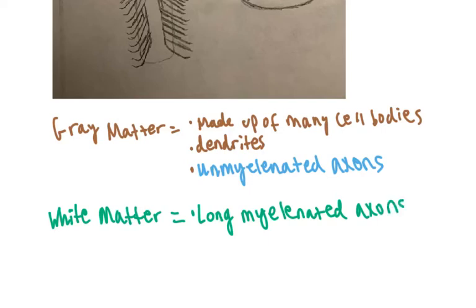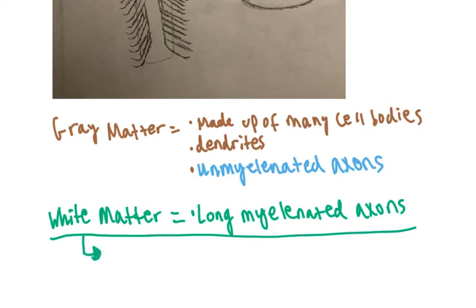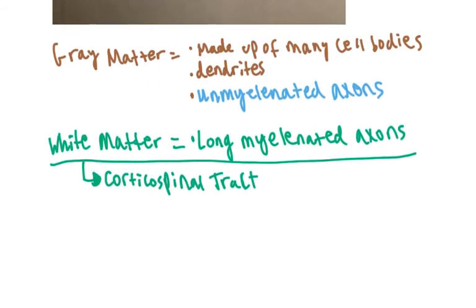Alright, so some examples of white matter in the brain, we can list them out. First is our corticospinal tract, which we discussed in, I believe, the upper motor neuron videos.